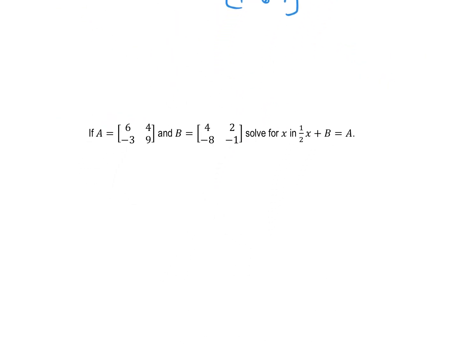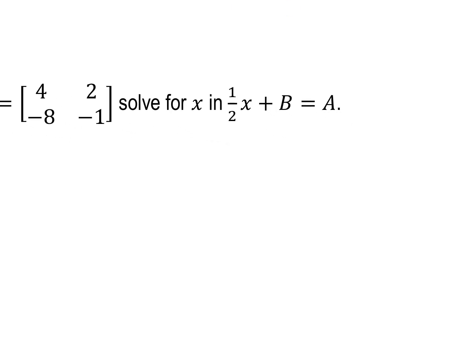All right, let's look at number 3. It says solve for x in 1/2 x plus b is equal to a. So I always like to get x all by itself first in our equation here. That way we know what to do when we plug in the matrices. So let's solve for x. What should I do first?